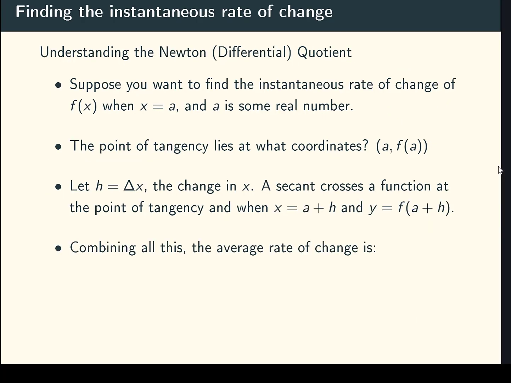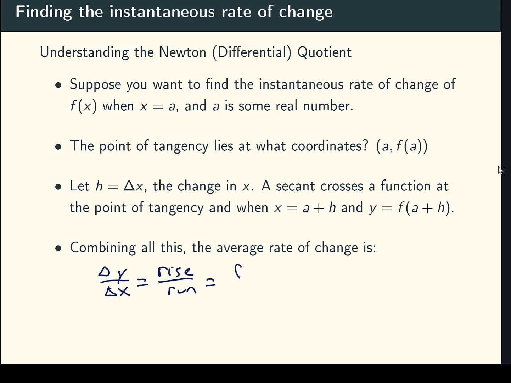Now we might want to combine all this. In fact, we do want to combine it so that we can get a general expression for the average rate of change. What's that combined expression going to look like? Well, it's going to be like delta y over delta x. So we've got the rise over the run, and what's the change in y?